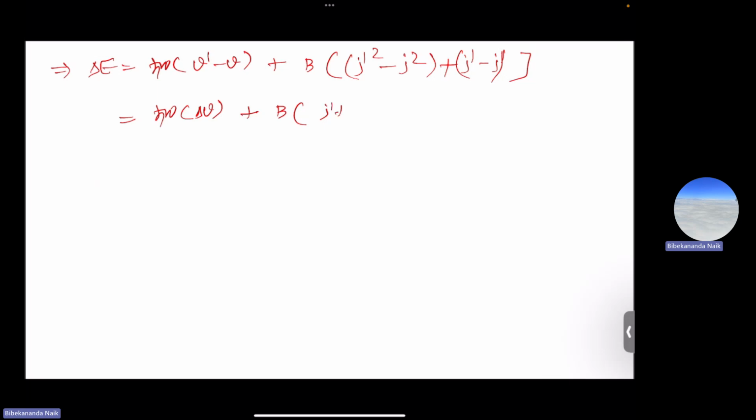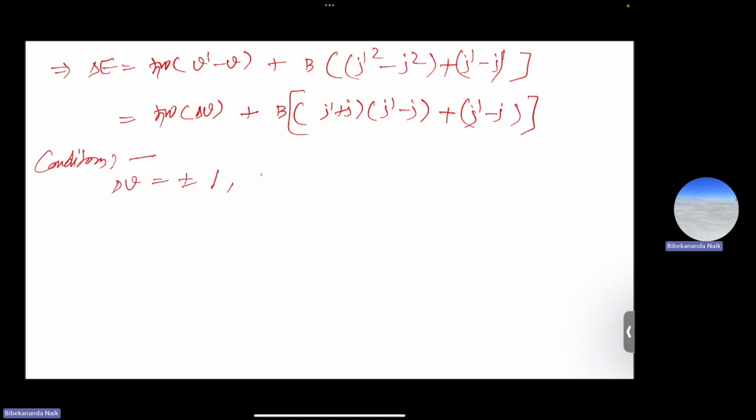It will be (j' + j)(j' − j) + (j' − j). But what are the conditions given? Δv is ±1, Δj is ±1, and v should be less than or equal to 1, and j will be less than or equal to 2.